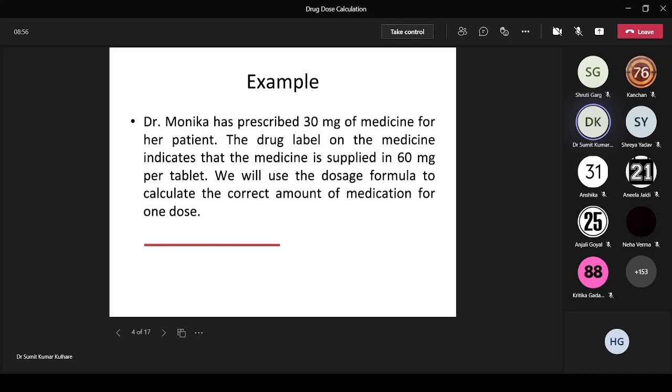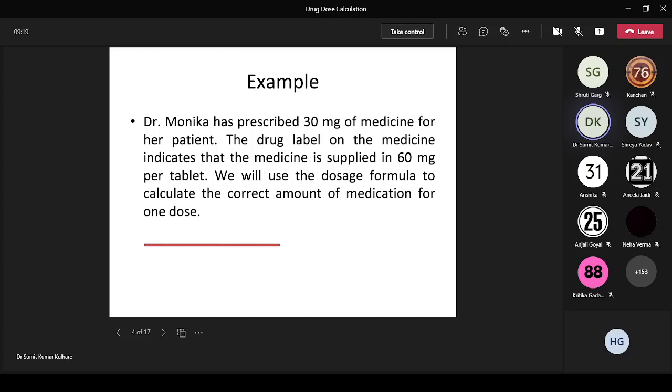Suppose there is this Dr. Monica who has prescribed 30 milligram of a medicine for her patient. Now the drug label on the medicine indicates that the medicine is supplied in 60 milligram per tablet. We will use the dosage formula to calculate the correct dose of the medication.